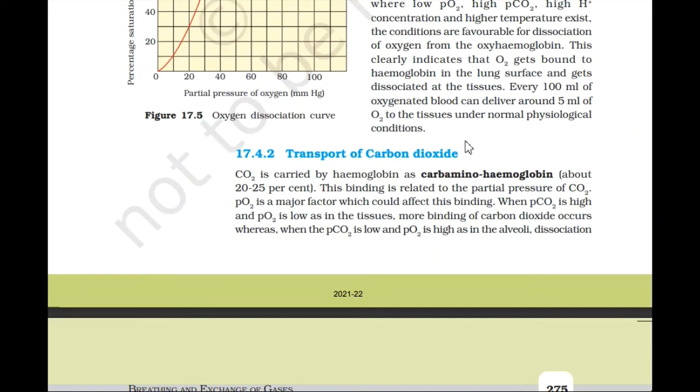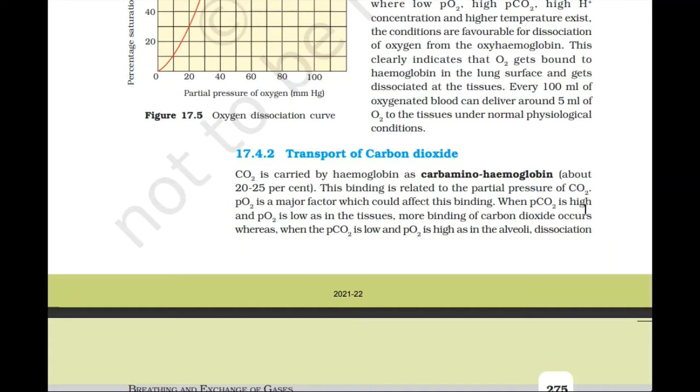Let us see the transport of carbon dioxide. CO2 is carried by hemoglobin as carbaminohemoglobin, about 20 to 25%. This binding is related to the partial pressure of CO2. pO2 is a major factor which could affect this binding.